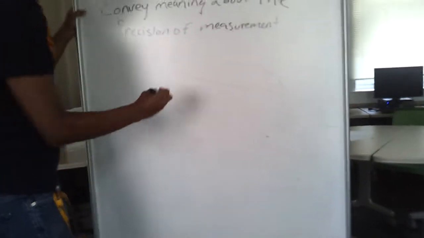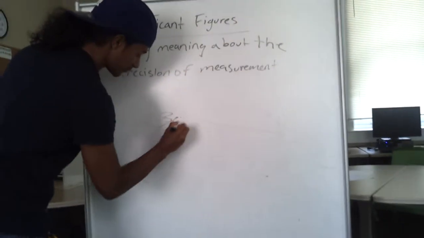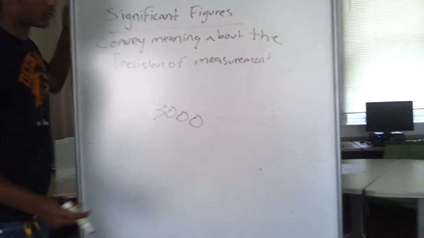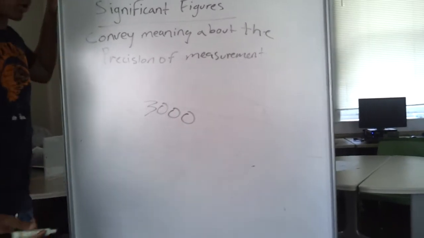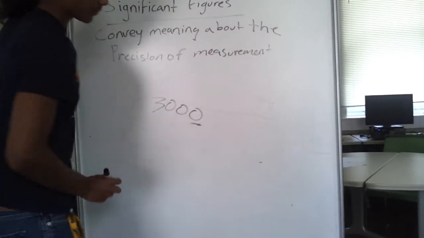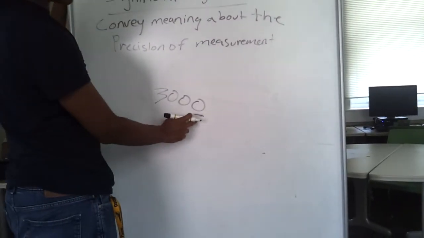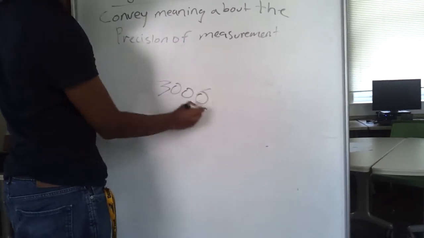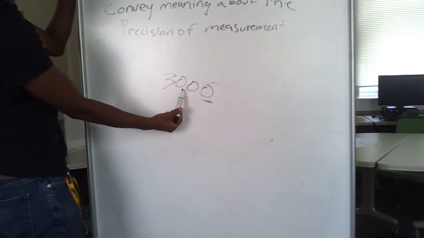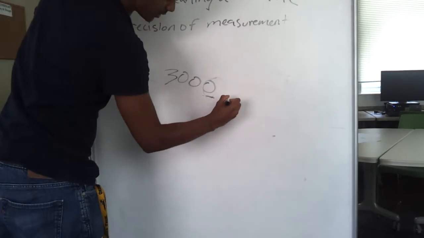Now, if you do have an ambiguous number such as, let's say 3,000, you can label where the significant figures stop with a bar under the number. At this number, this would be considered the last significant figure. So 3, the 0, and the 0 are all labeled as significant figures.